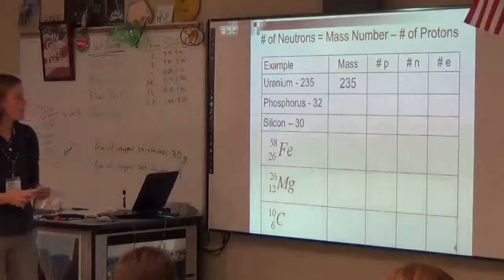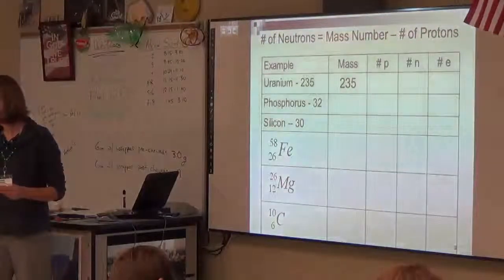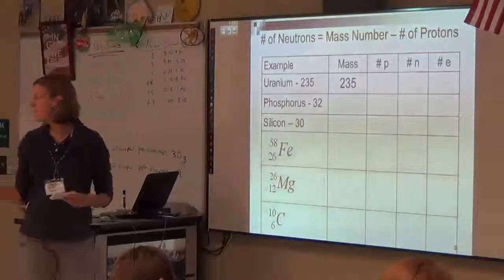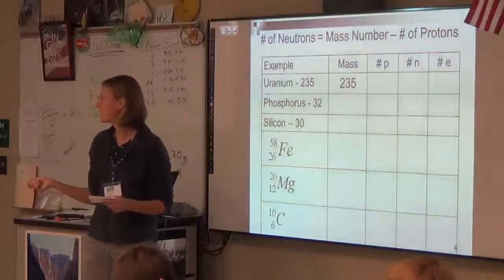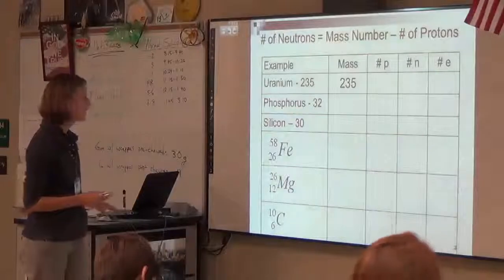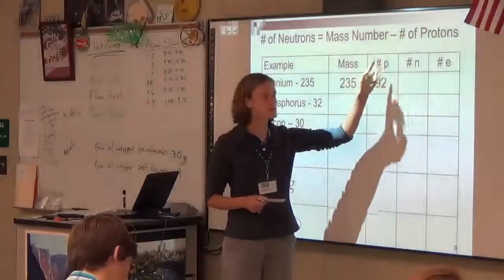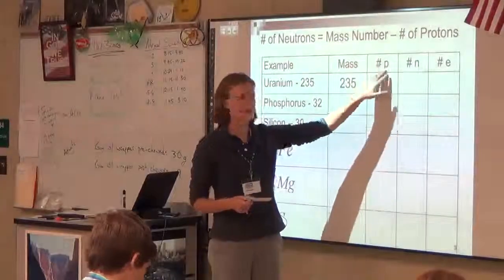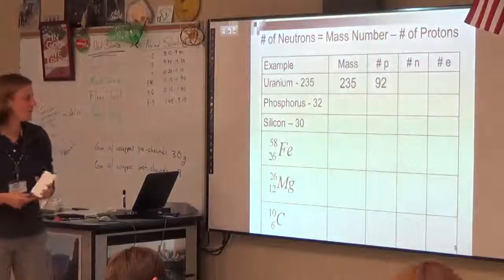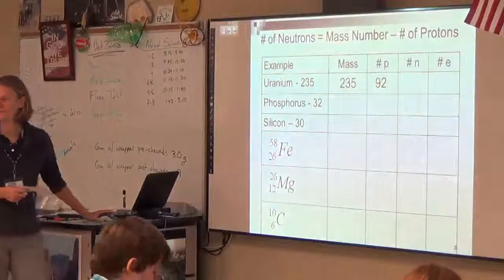All right, Amanda, how many protons does uranium have? Just the protons. 92. Atomic number. The number of protons is not affected by the mass. We can always look up the protons on the periodic table. All right, neutrons. Hopefully you got your calculators out still. Sailor, what do you got? Or how do you do it?